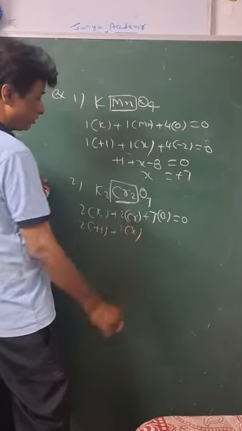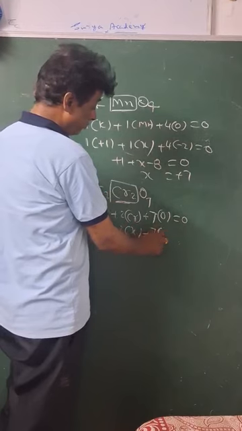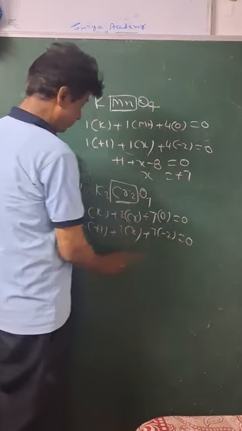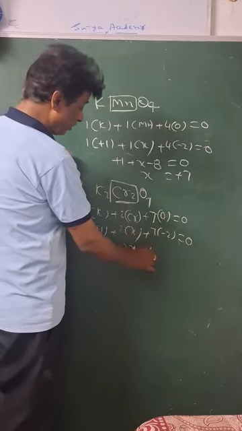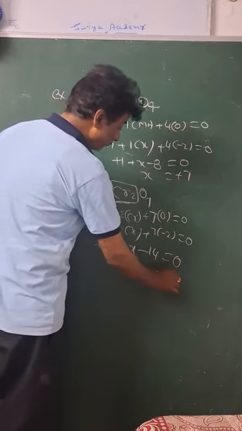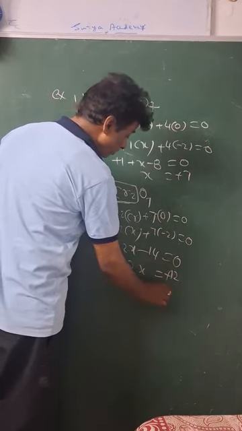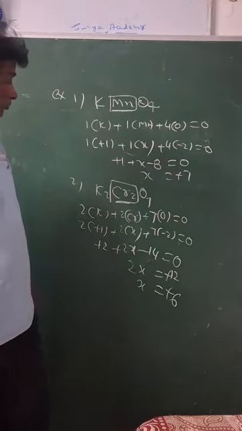Here we are finding the oxidation number of chromium, X. Oxygen is minus 2. Plus 2 plus 2X, 7 multiplied by minus 2 is minus 14. So 2X is equal to plus 12. X is equal to plus 6.